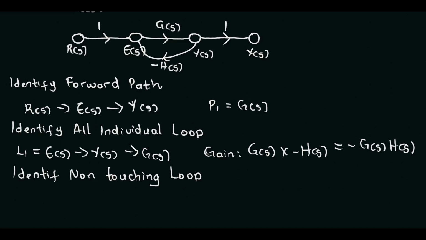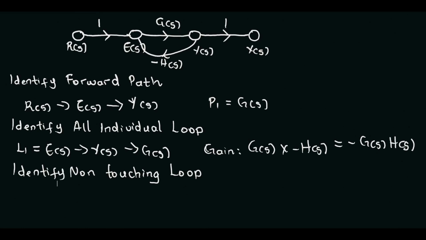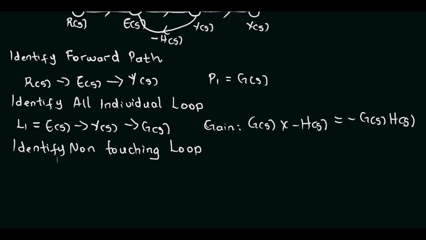But over here, you have only one loop. So there are no non-touching loops, so your non-touching loop is zero. The next step is to calculate the graph determinant.